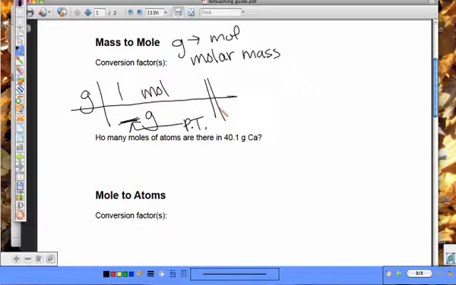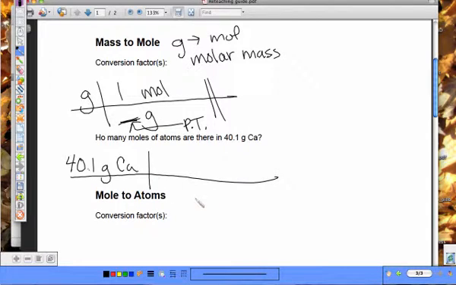So how many moles are there in 40.1 grams of calcium? So what units go here? 1 mole on top. Grams of calcium on the bottom, because we need to be able to cancel out our grams.